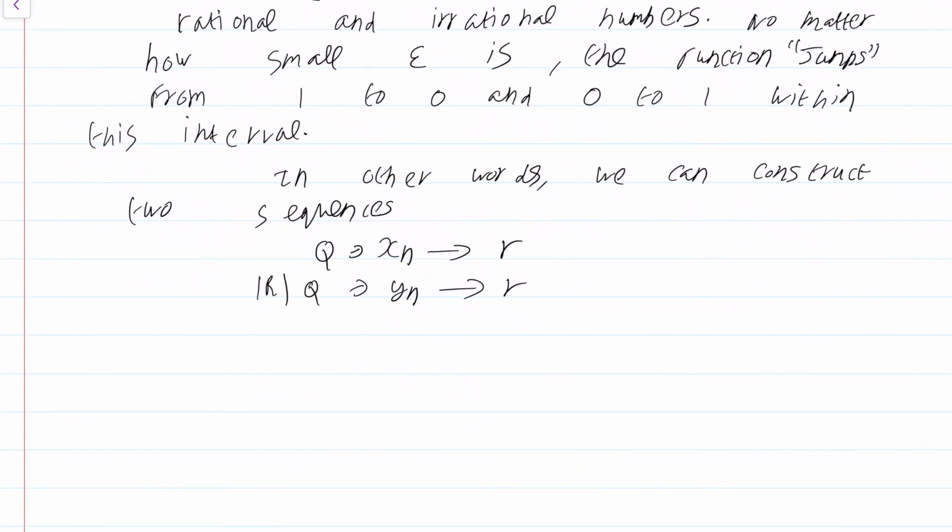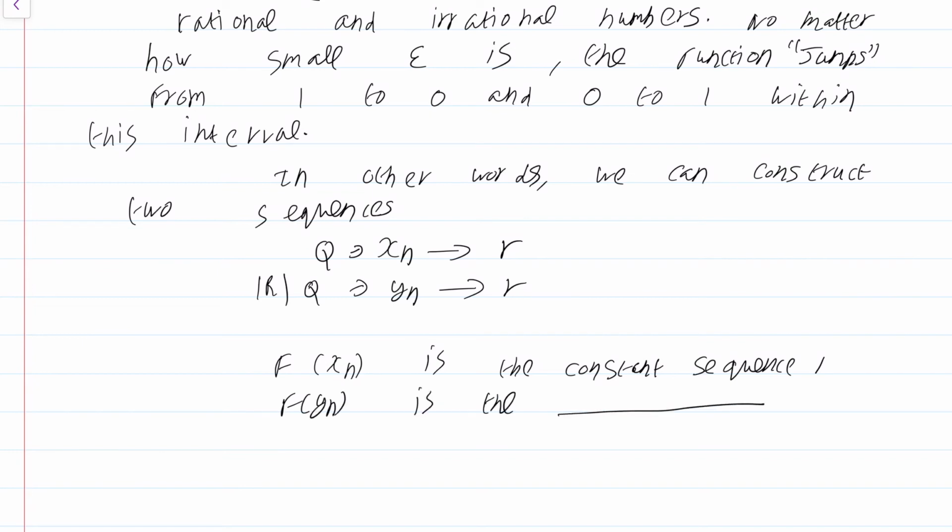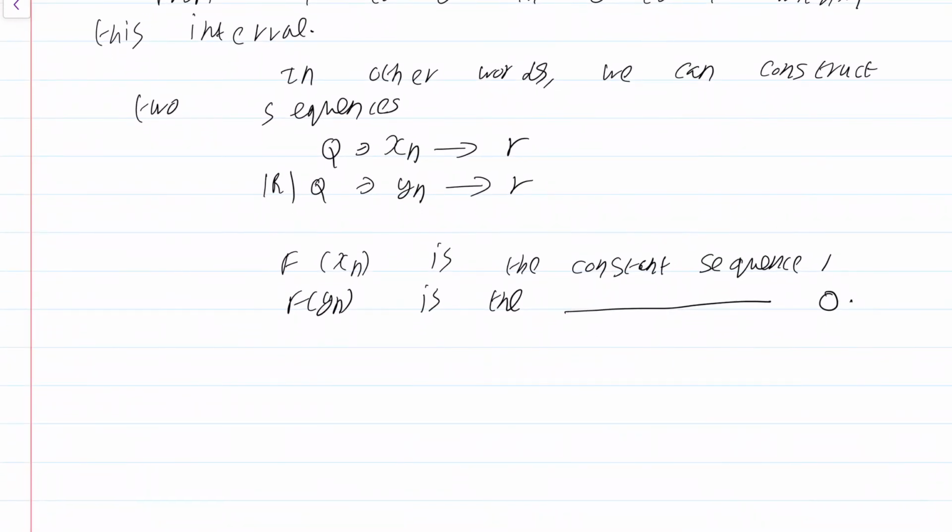Now if you look at the sequence f of x_n, you will get the constant sequence 1. f of x_n is the constant sequence 1. Whereas f of y_n is the constant sequence 0. Okay. So what is happening is we have found two sequences that converge to the point r such that f of x_n and f of y_n do not converge to the same value.